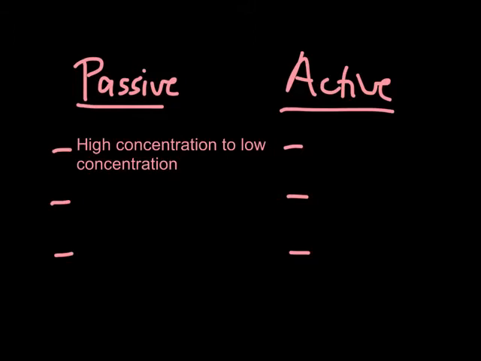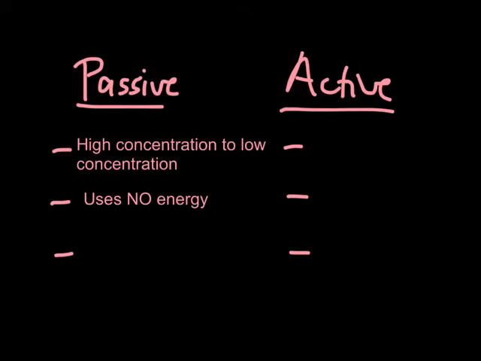It's high concentration to low concentration. Passive transport is going to be the movement of these molecules from where they're really crowded to spreading out. Since it happens naturally, it doesn't require any energy whatsoever. So passive transport is not going to use any energy.